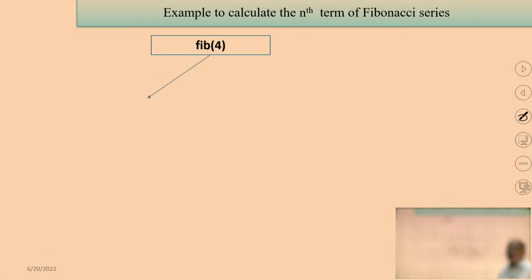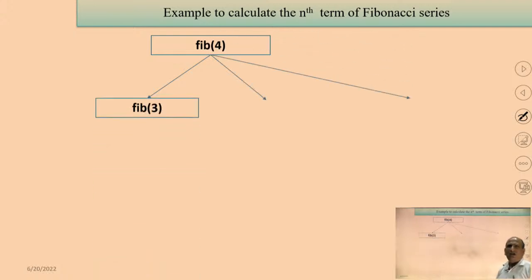This way we can see how the fib function is called. Let us say the value of num is 4. Fib 4 has been called, and fib 4 will call fib 3 plus fib 2, means the sum of the previous two terms.